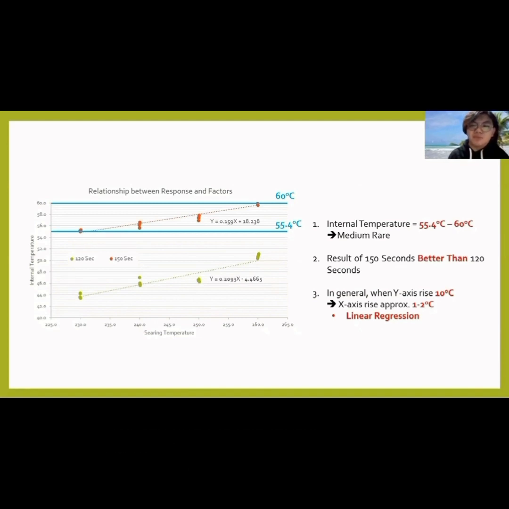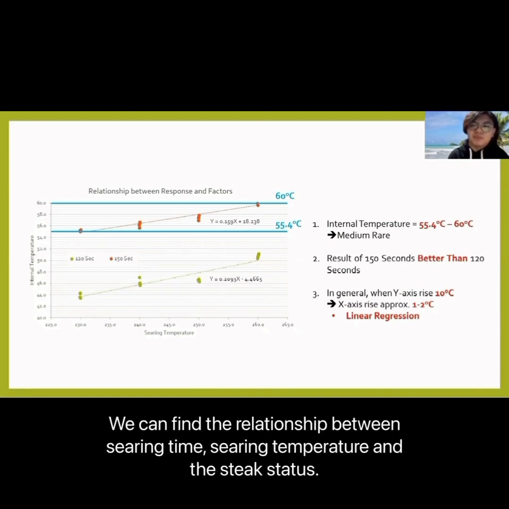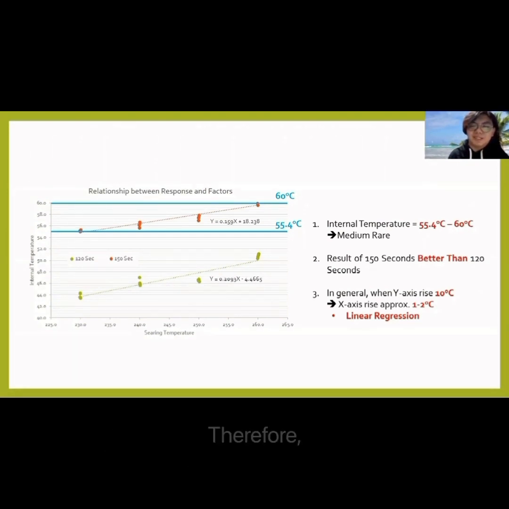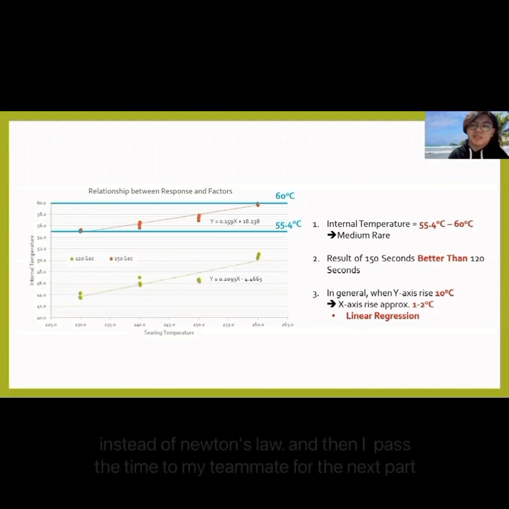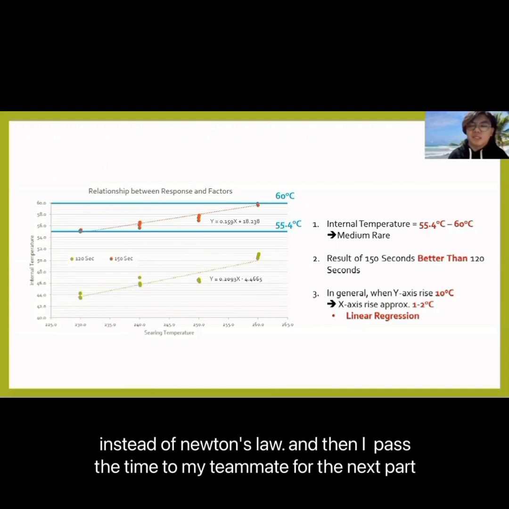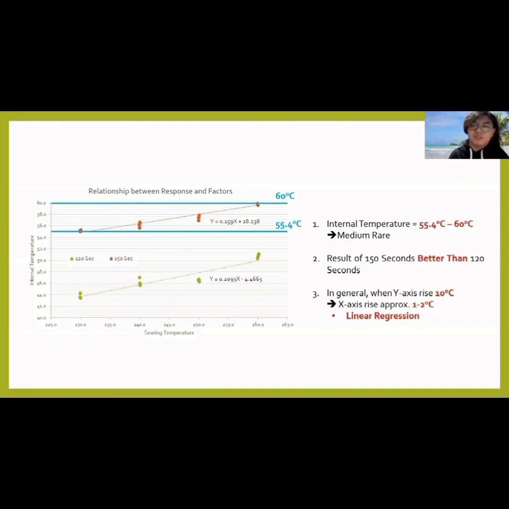And by linear regression, you can find the relationship between searing time, searing temperature and the steak status. Therefore, we can apply this easier method to predict the time for cooking instead of Newton's law. And then I pass the time to my teammate for the next session.